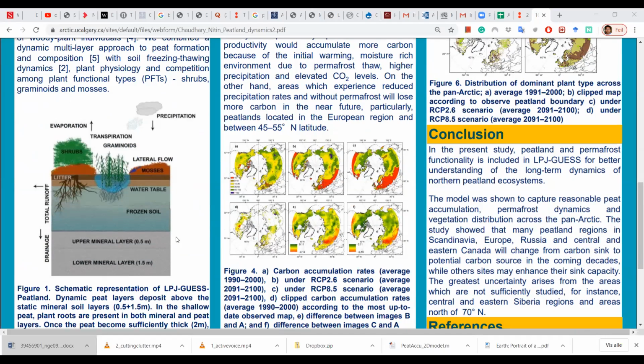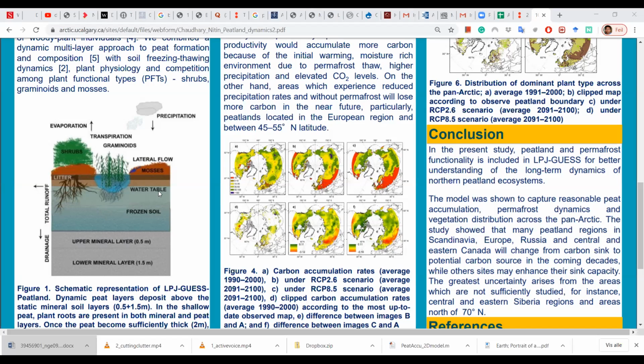Some patches go higher, where we grow shrubs, and there are other patches which go lower, the water-filled patches, which are dominated by graminoids. In between we have the patches which are dominated by mosses. And then there is this lateral flow between the patches. So this is how the model structure looks.